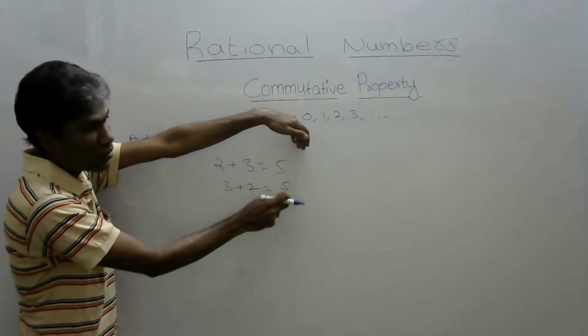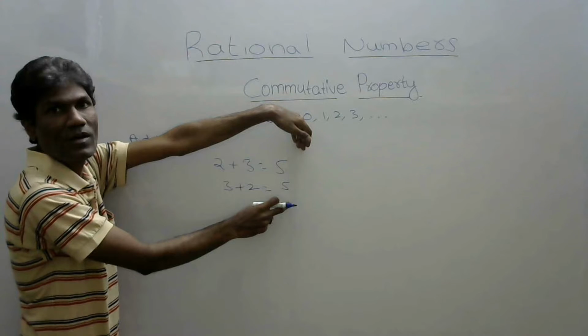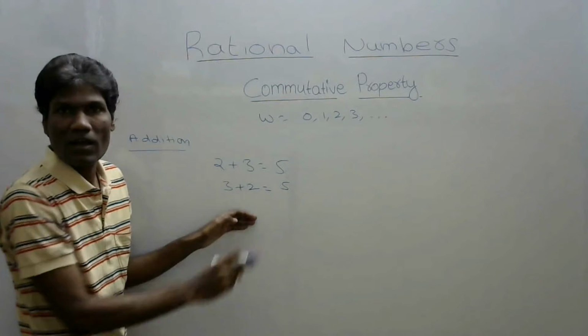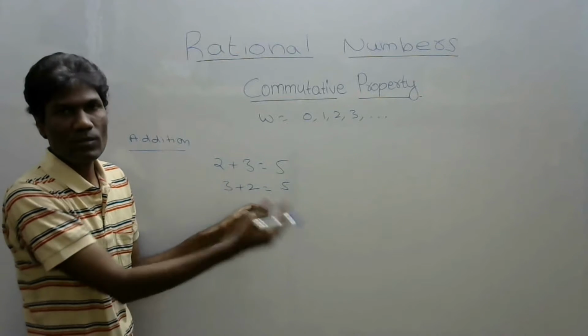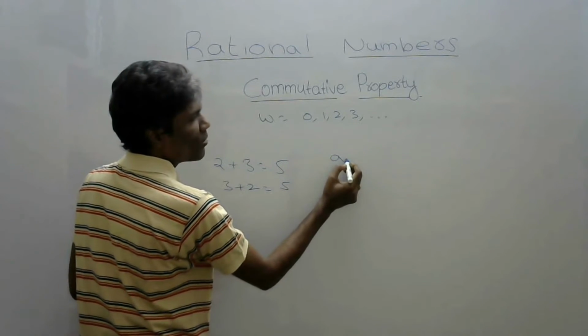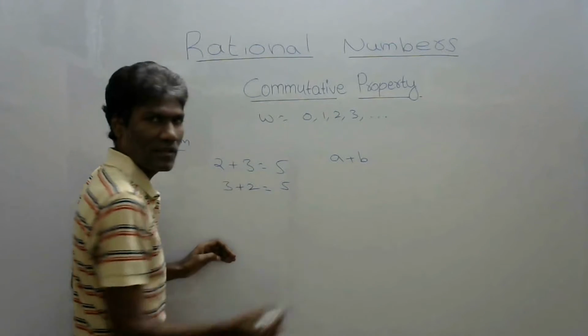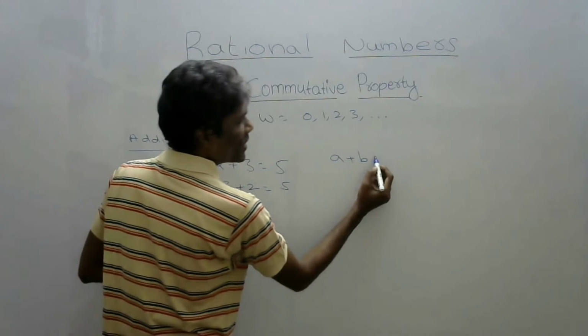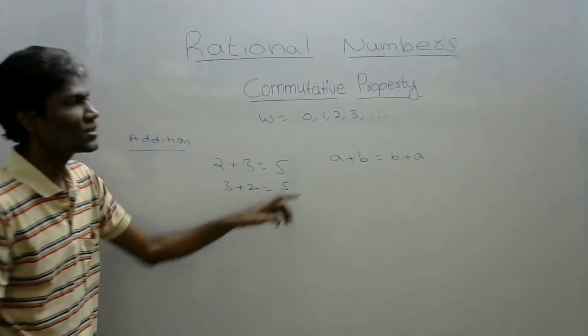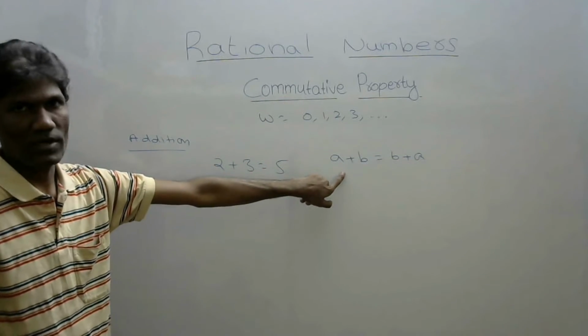If these two values are the same, then we say it is satisfying commutative property. That is, if those two numbers are a and b, then a plus b is equal to b plus a. This is called commutative property.